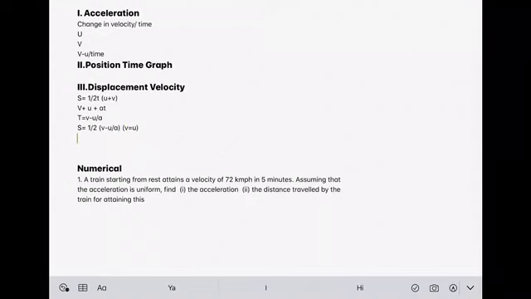Then, using the identity a plus b into a minus b, we will get a square minus b square.